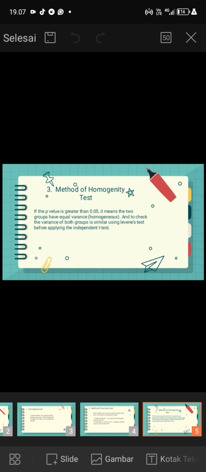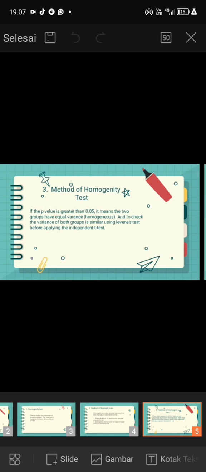Meanwhile, for the homogeneity test, the most common test is Levene's test, where if the p-value is greater than 0.05, it means the two groups have equal variance. We check whether the variance of both groups is similar using Levene's test before applying the independency test.